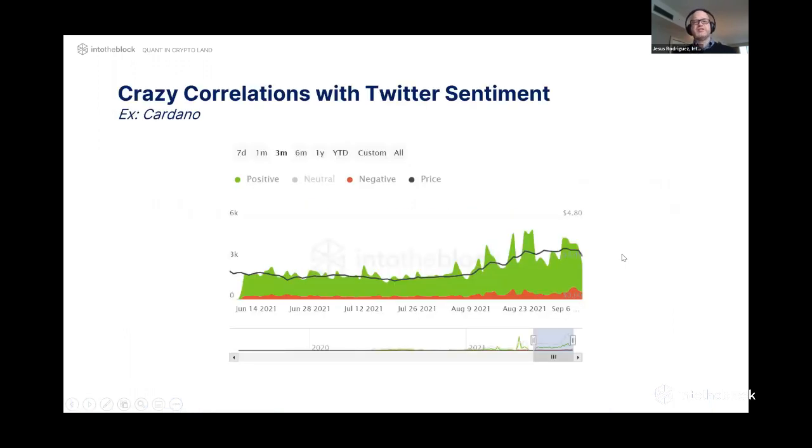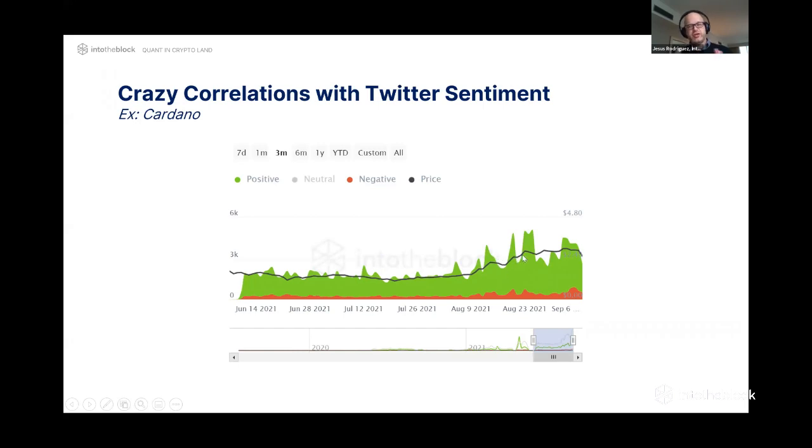Some examples of this: Cardano, a week ago, has been experiencing a ton of momentum. And the sentiment on Twitter is just crazy. Look at that, it's all green. And then look at the correlation between the price movements and the sentiment.